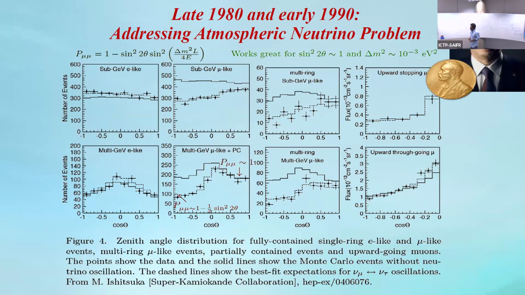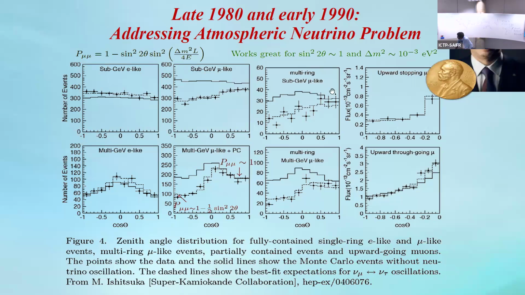Let's try to explain this atmospheric neutrino anomaly via this. In the two neutrino framework, you can write down the muon neutrino survival probability, P mu mu; the expression I write down here.